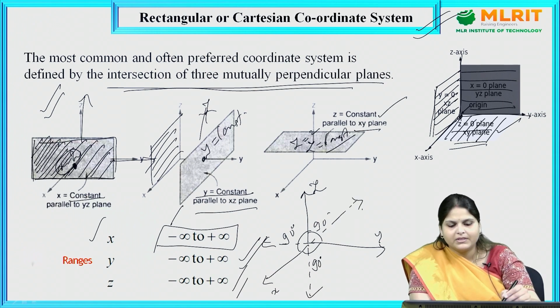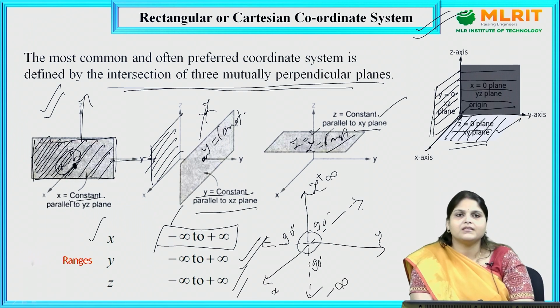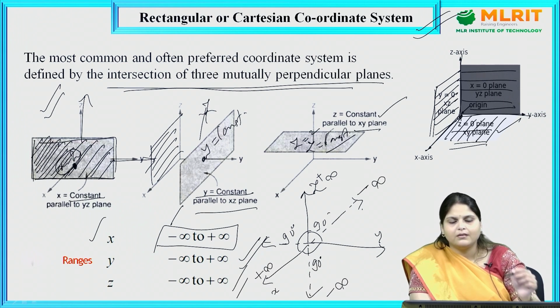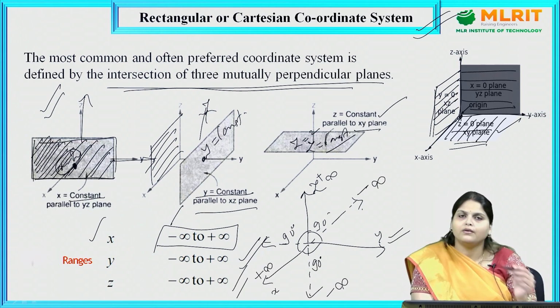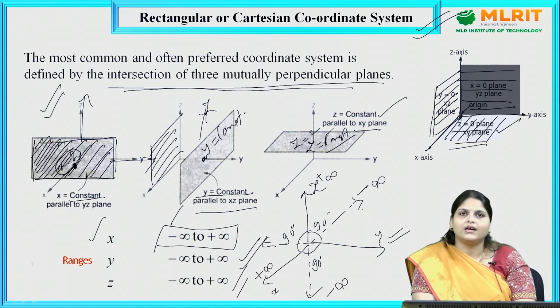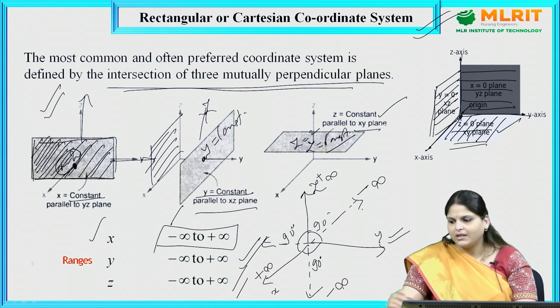So, for example, this is z, this is plus infinity, but here it is minus infinity. Here x is plus infinity and this is minus infinity. Similarly for y also. So, this is the basic introduction of rectangular or Cartesian coordinate system. Let us move to the next slide.